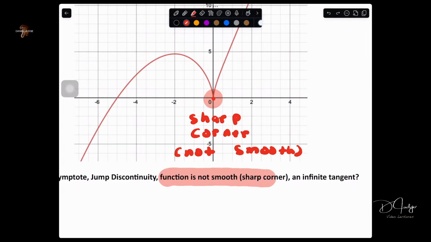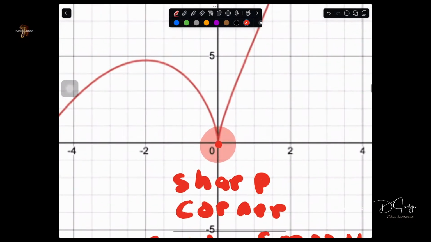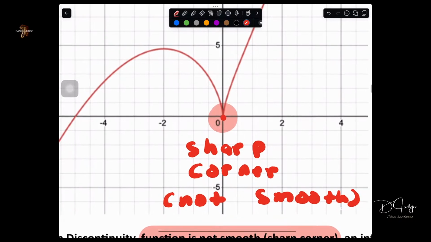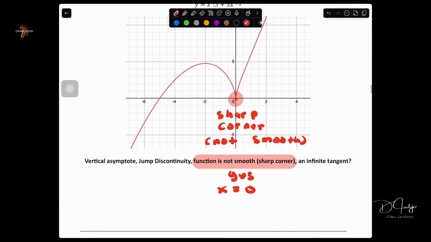Yes. Has a sharp corner? The answer is yes, and that is at the location x is 0. You have a corner, a sharp corner. It's not smooth at this location, and that's what we mean.